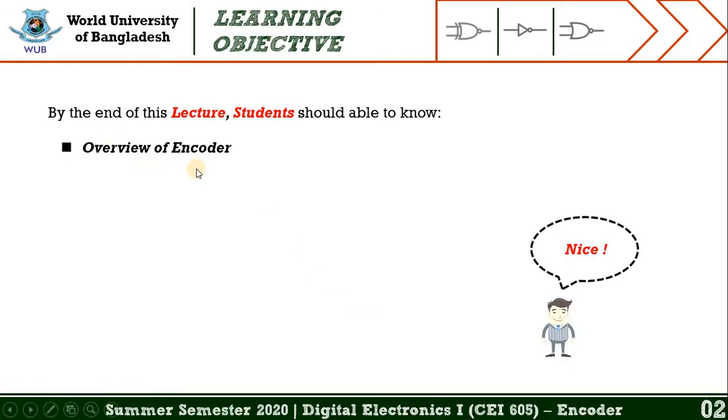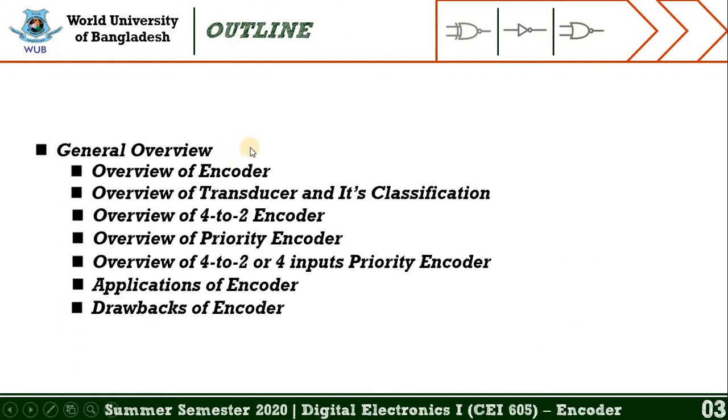By the end of the lecture, you will be able to describe the encoder. From this slide, we may know about the outline of this lecture. We may learn the overview of encoder, overview of transducer and its classification, overview of 4 to 2 encoder, or you can say how to design a 4 to 2 encoder.